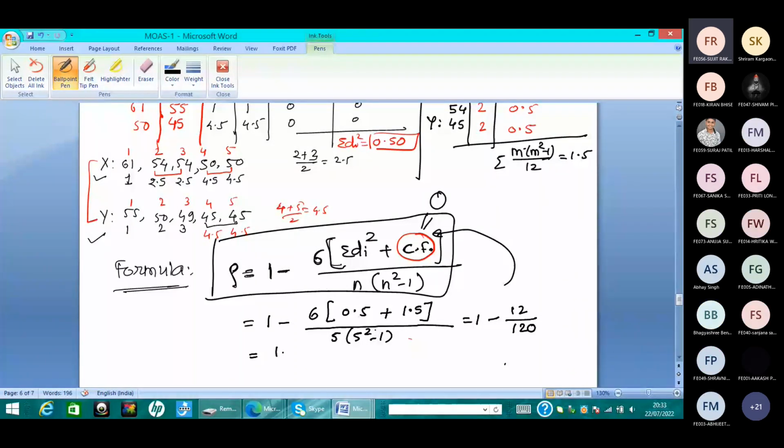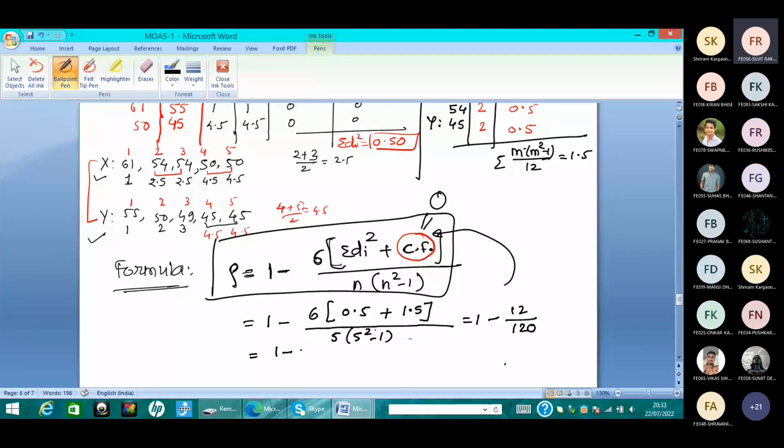So 1 minus 0.1 is 0.9. So there is a positive correlation between these. Did you understand this? You must interpret that there is a positive correlation. I am writing in short because of time and space, but you have to write the full interpretation. I hope you understand this.